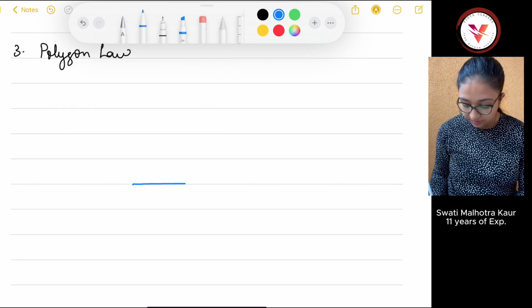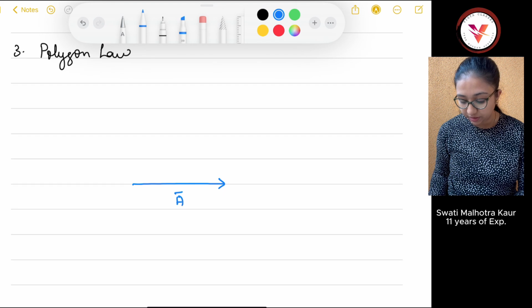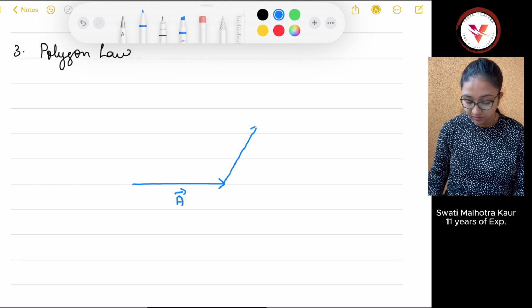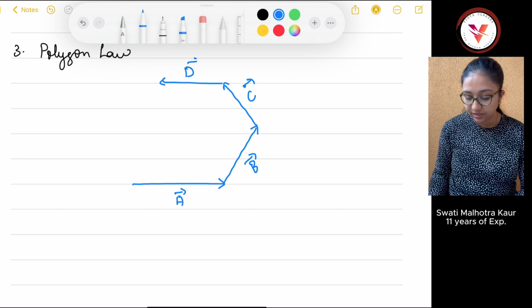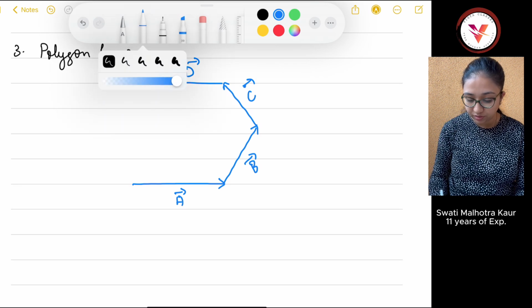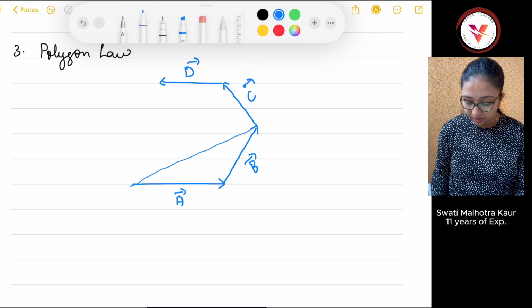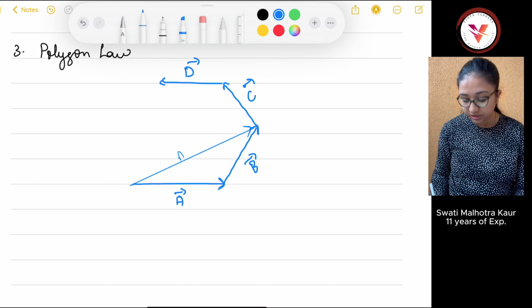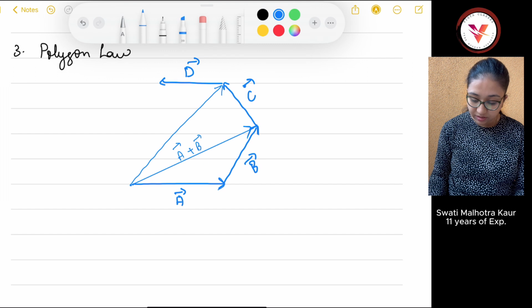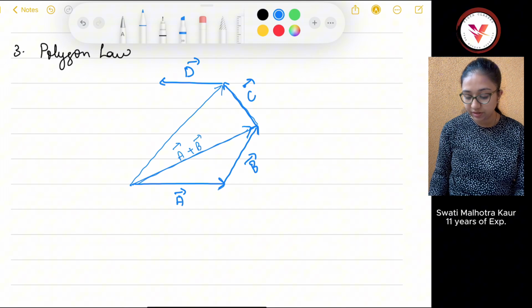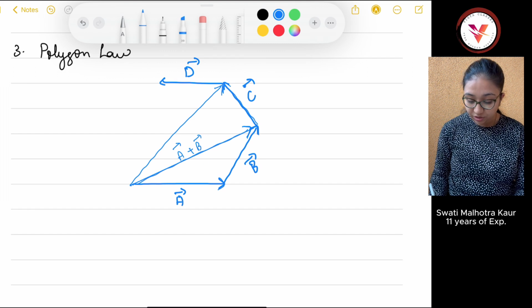Okay, so let's say this is your a vector. This is another vector, that is b. This is another vector, c vector. This is another vector, d vector. So what you will do first, you will take this diagonal, this side from the opposite, and this is your a plus b vector. Now you can take this vector and this vector and this triangle. So this would be the resultant.